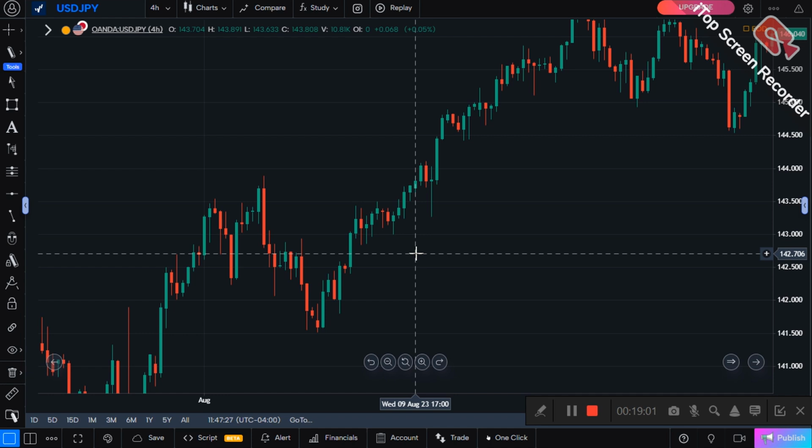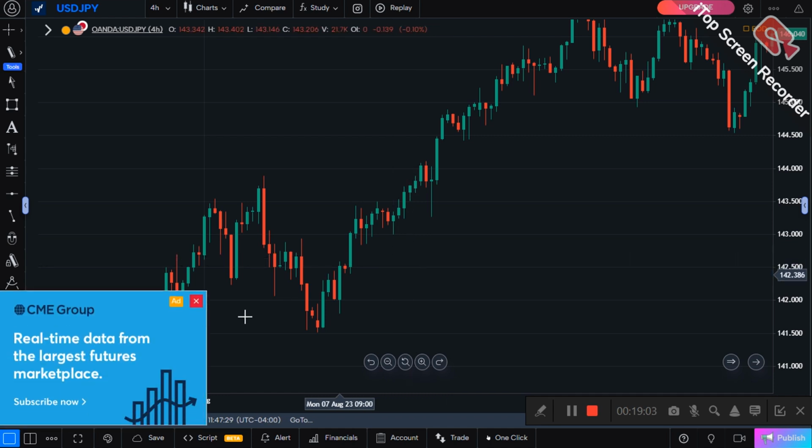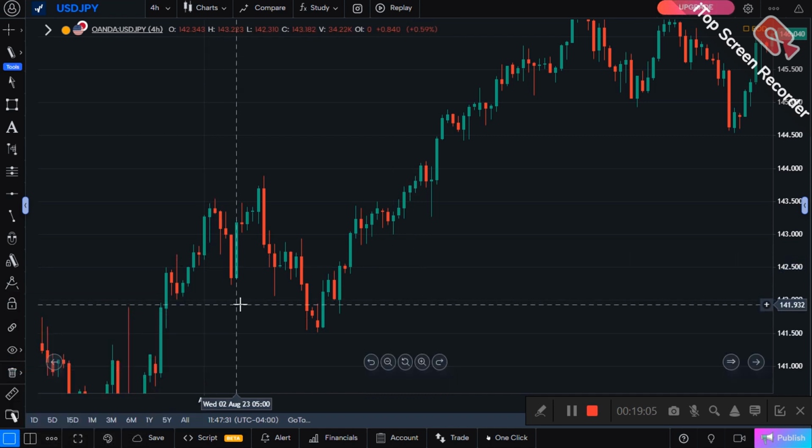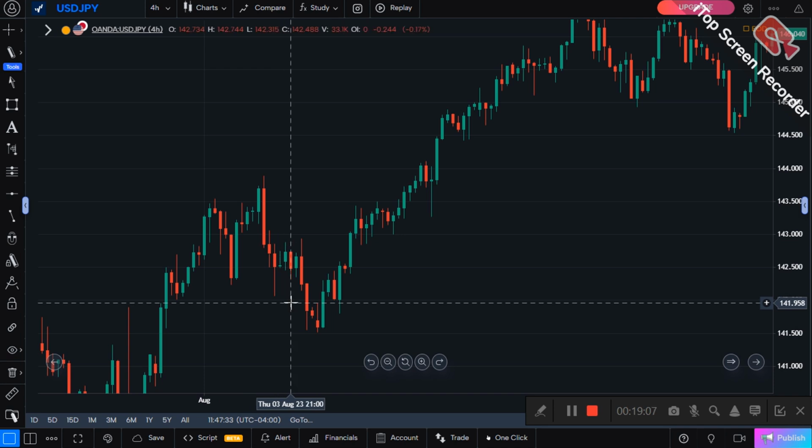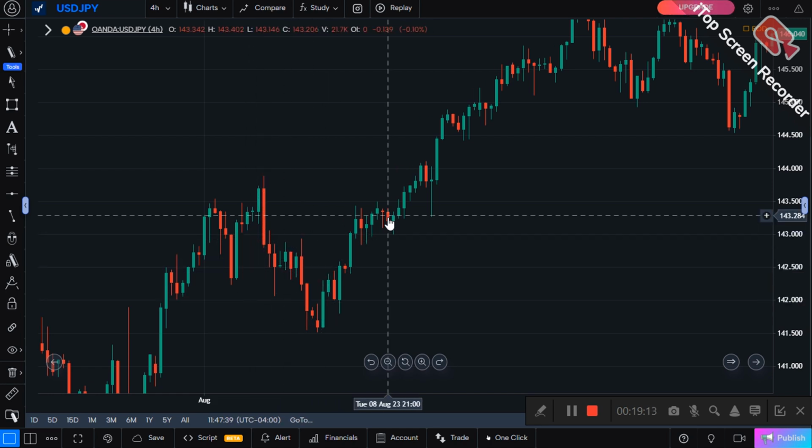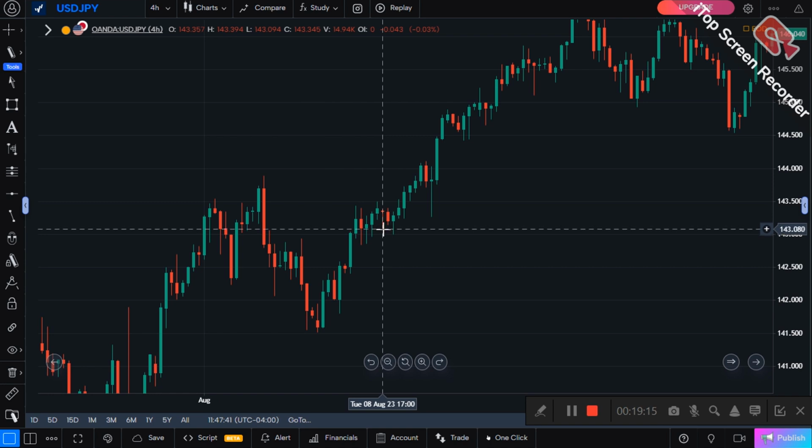A lot of scalper brokers do not allow your trade to stay open. When you place the trade, you cannot hold the trade for 1 week, for 1 month.